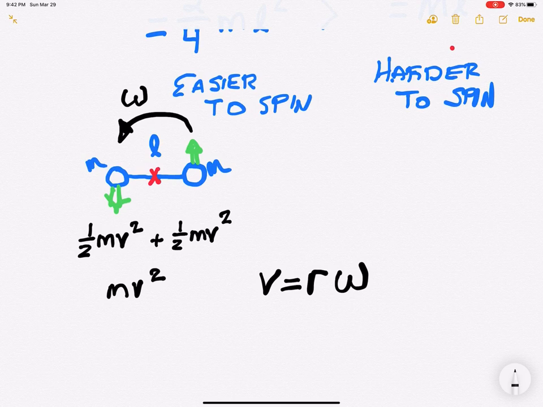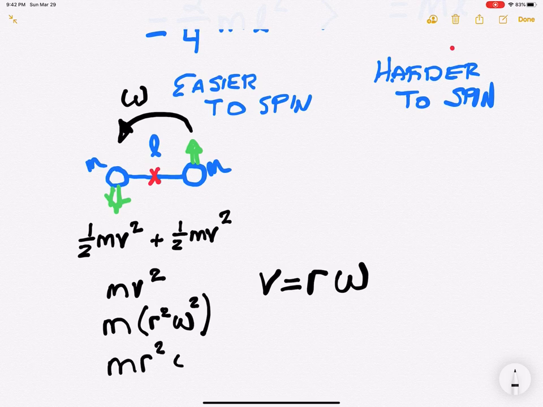So let's drop that in, and we're going to get m r squared omega squared.